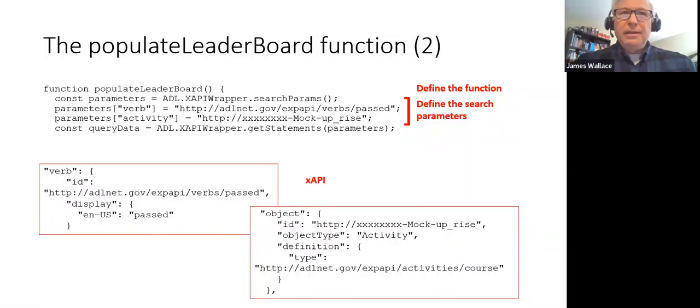The wrapper is something that contains a lot of pre-built functions from ADL, and it's pretty much required for everything you want to do in xAPI, unless you want to do it the hard way. And then at the end here, this constant query data equals thing is what actually runs the query.